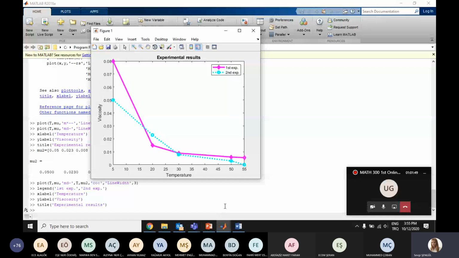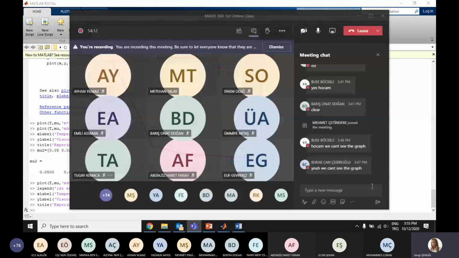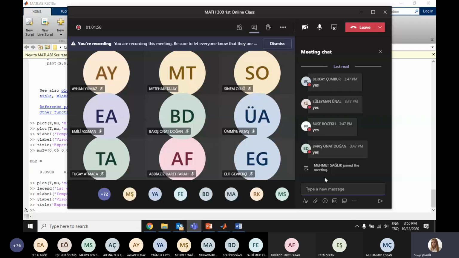Any question about plotting? Plotting is very good for you. Whatever you have, we will be defining functions, and we will plot the functions in the next class. But right now, if you have data, you can easily define them as vectors and plot them. Okay.